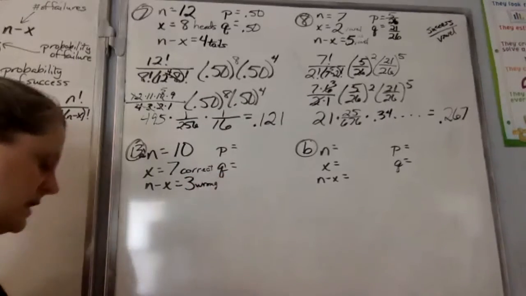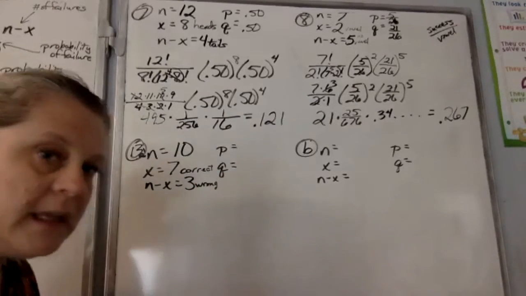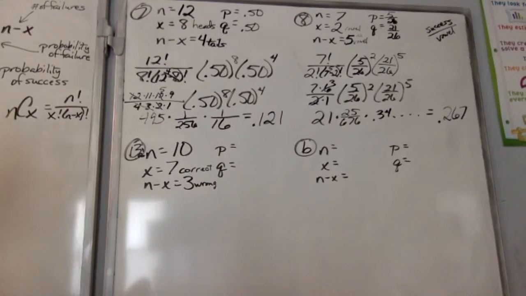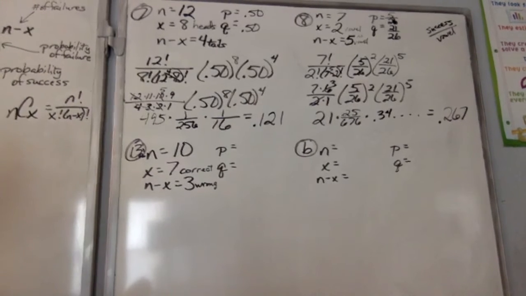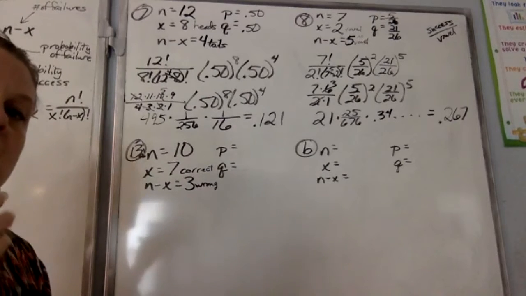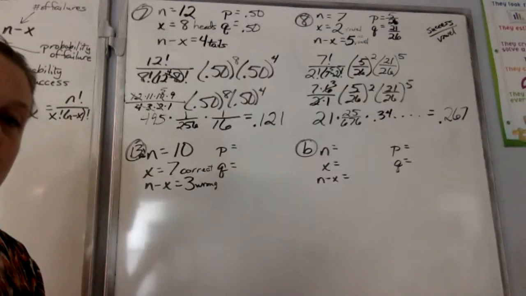Now, our probability of him getting it right and him getting it wrong. This is where you have to be careful. Remember, it said it was a multiple choice, and each one had how many choices? 4. So the correct choice is 1/4.